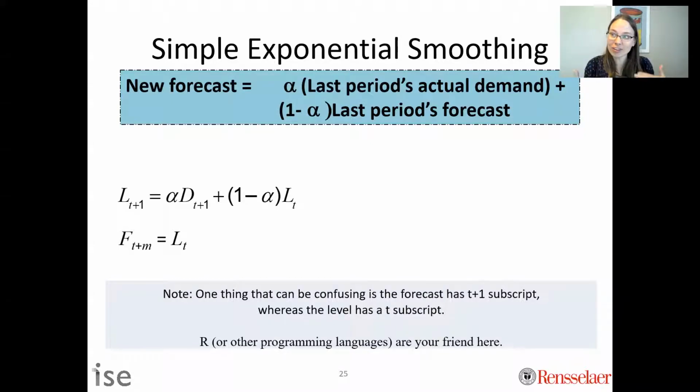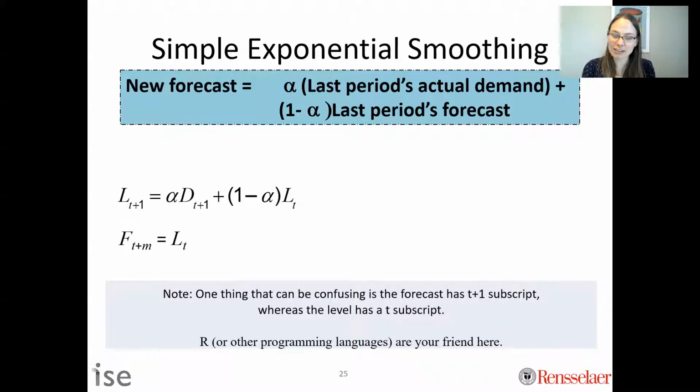I can only calculate L of t if I've actually observed something. So you need the D of t associated to get your L of t. I'm going to keep doing that until I can't calculate L of t anymore. That's where I am. I'm currently here. I've observed everything I had, and into the future, if I'm 5 periods out, 1 period out, it'll always be L of t. And we'll see this.